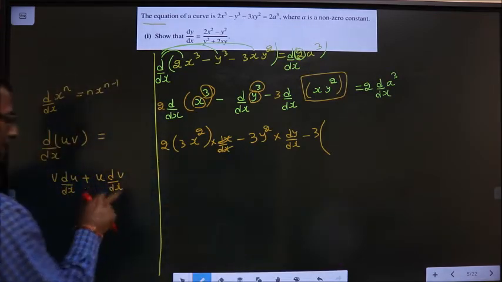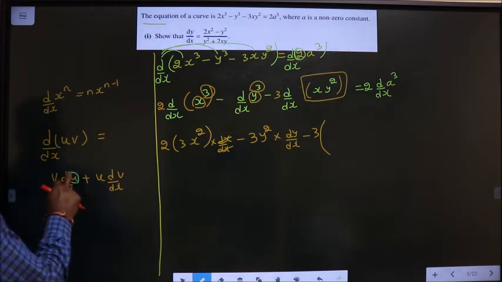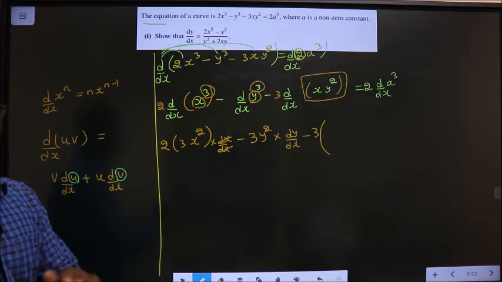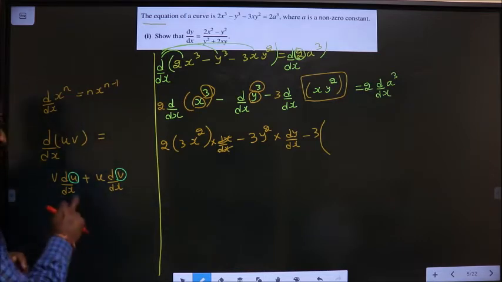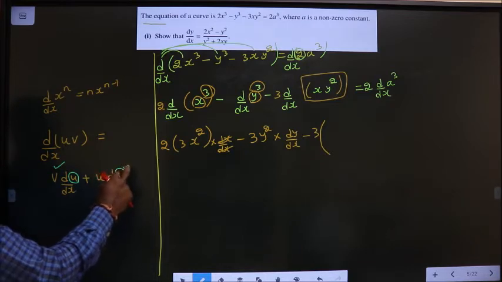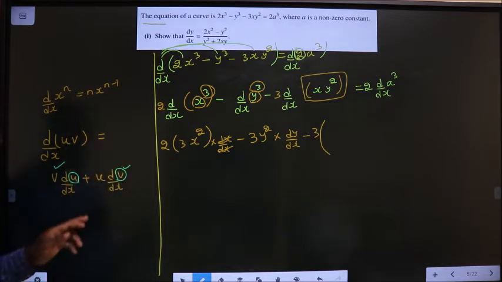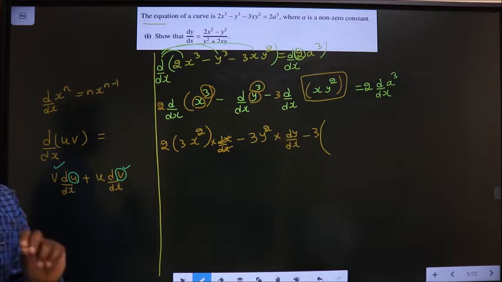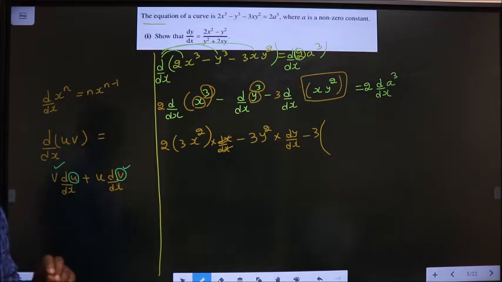How do you understand this? Means differentiating one at a time with a positive sign between them. If you are differentiating u, v outside. If you are differentiating v, u outside. Clear? Differentiate one at a time with a positive sign between them.